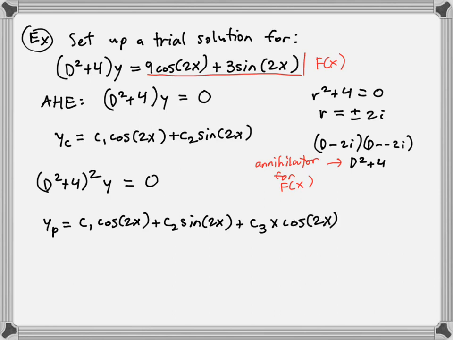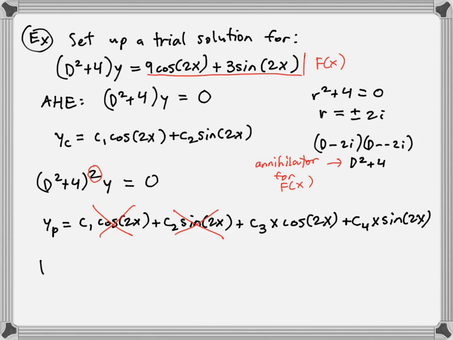So I need all 4 of these, and oops, I forgot the x at the end. Why do I need these x's? Because I have this repeated root here. Remember, you need to throw in as many x's as needed. If that was a 3, I would have thrown in an x for both and then an x squared. These are all 4 of the linearly independent solutions. However, I don't need these 2 because they're already contained in our yc. Remember, we only write the necessary ones.